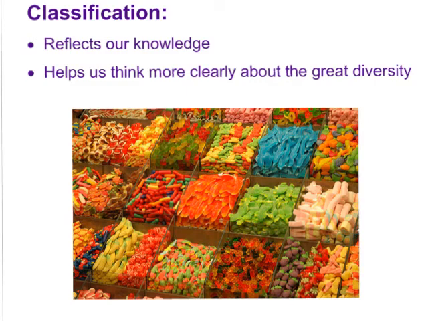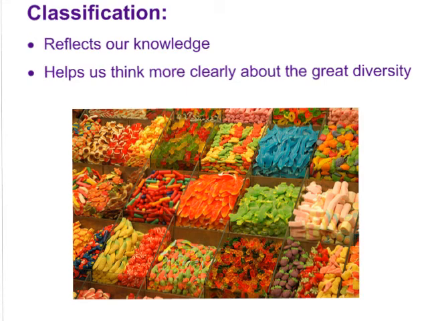So it's just important to keep in mind how difficult it is to classify and how difficult it is for everyone to agree on those classifications, especially when we're talking about something as complex as all of the living organisms in the world.